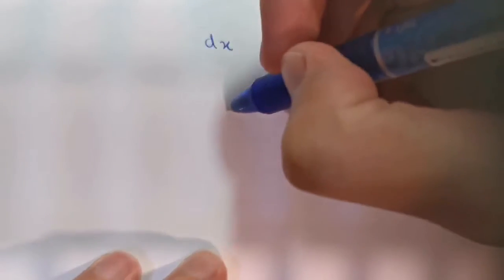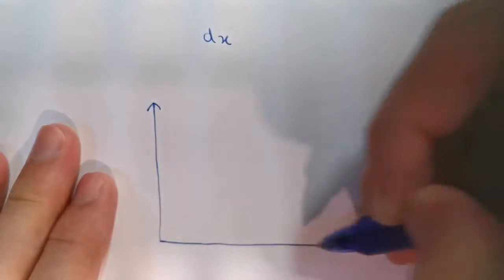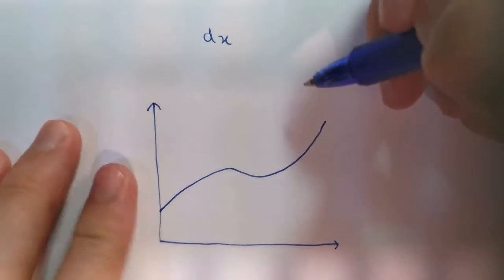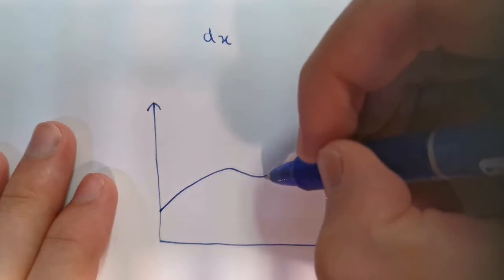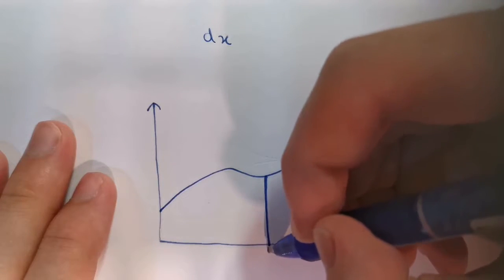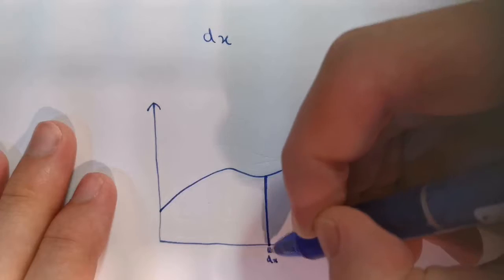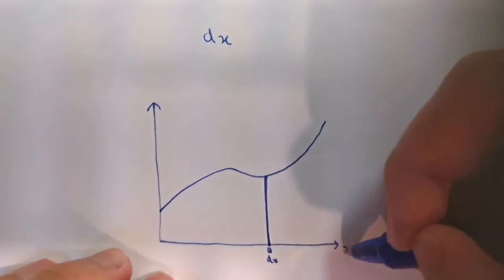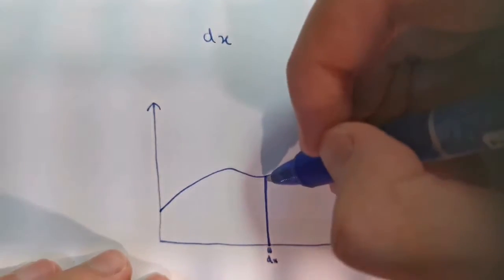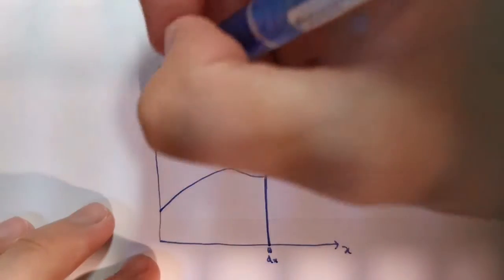So let's say if I draw a graph, then dx would be an infinitely small section of x.